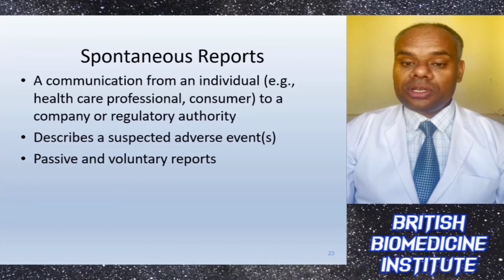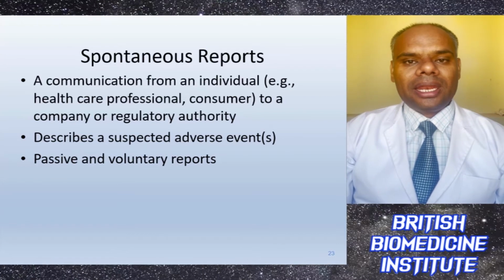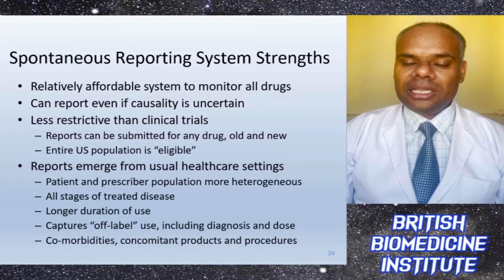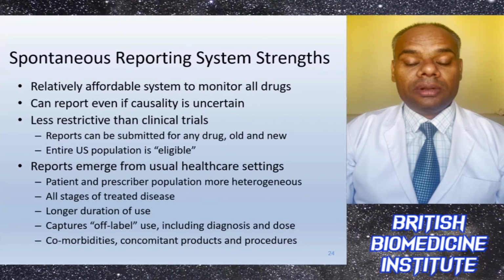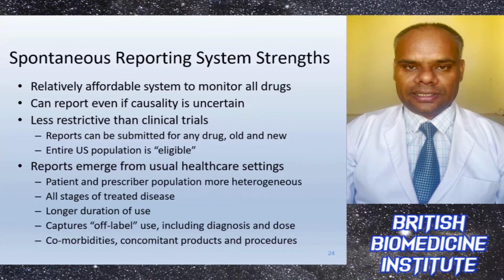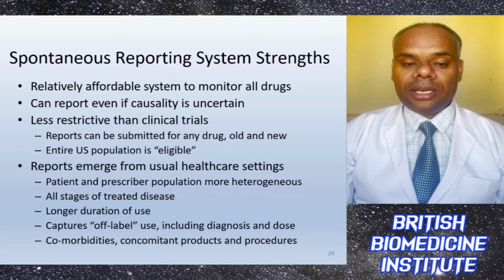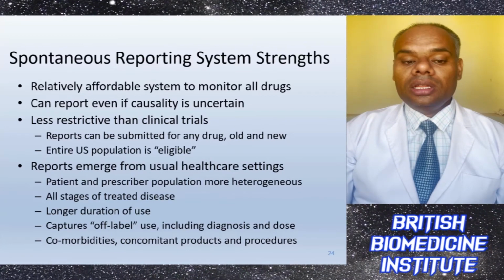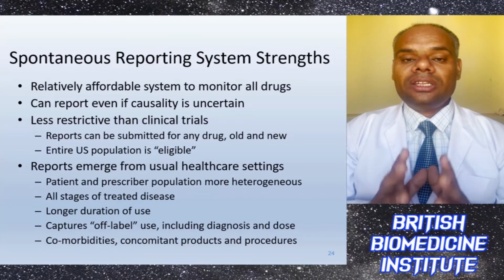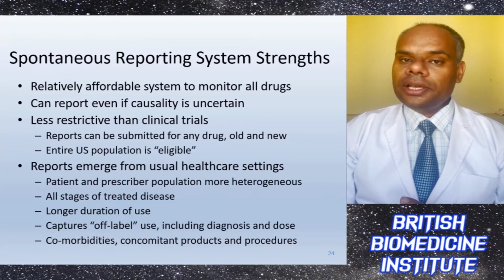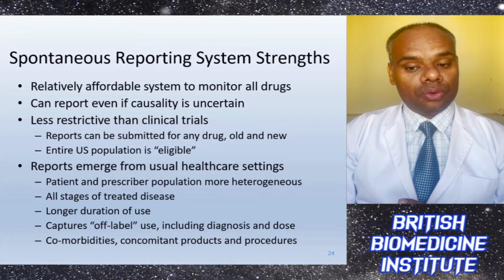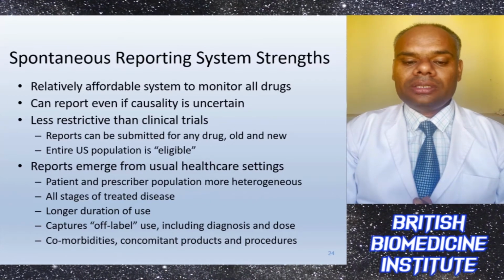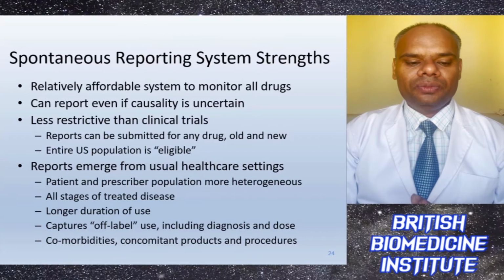The main strengths of the spontaneous reporting system are that these are relatively affordable systems to monitor all drugs. We can report even if causality is uncertain. These are less restrictive than clinical trials because reports can be submitted for any drug, either old or new. The entire US population is eligible.